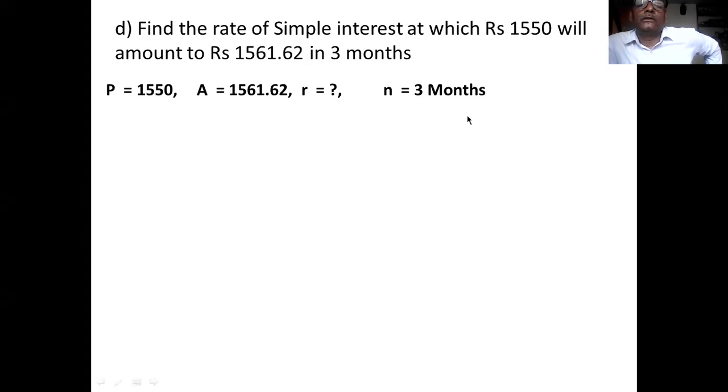So 3 divided by 12 years. If you want to convert months into years, you divide by 12. If you want to convert years into months, you multiply by 12. Remember this. This is 3 by 12 years. 3 by 12 years means, anybody tell me the fraction?